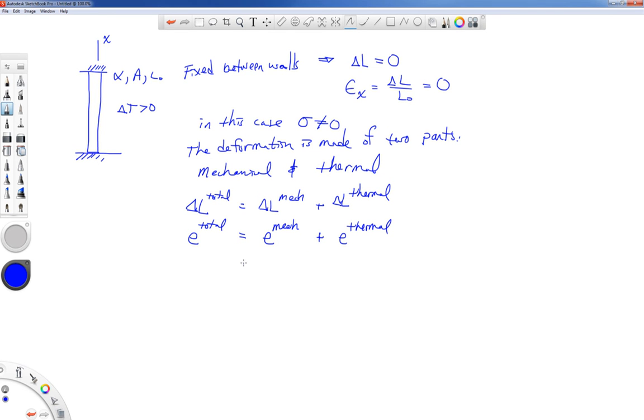The mechanical deformation is given by our equation that we learned the other day, FL over AE, where capital E is the modulus of elasticity. And the thermal deformation is what we just talked about, alpha delta T L, where the L indicates the original length of the bar. So this is going to be the key into figuring out what's going on in these thermal deformation problems.